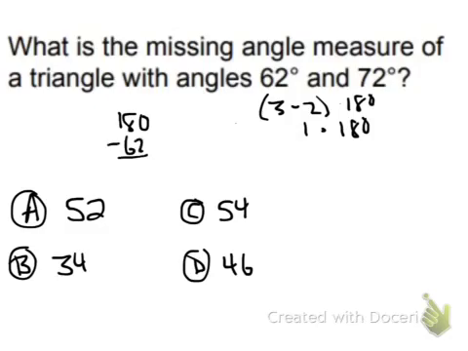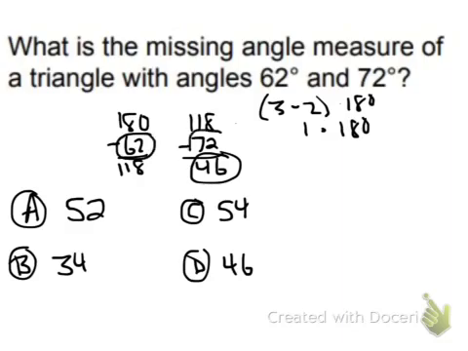So 180 minus 62 is 118. And then we'll take 118 and subtract the 72, and that's 46. So the remaining angle has to be this, because these are your other 2 angles. The sum of all those together has to equal 180, so the missing one has to be D.